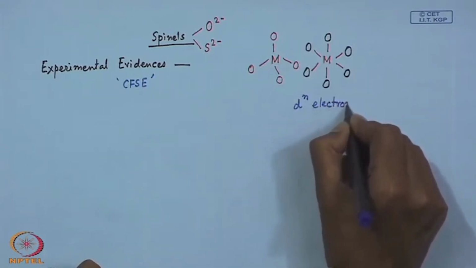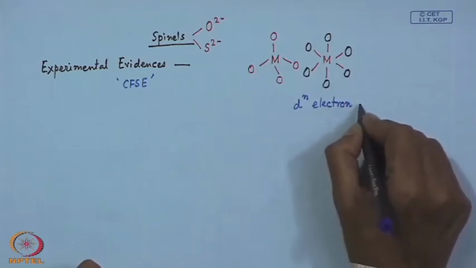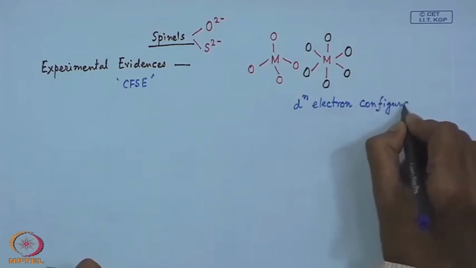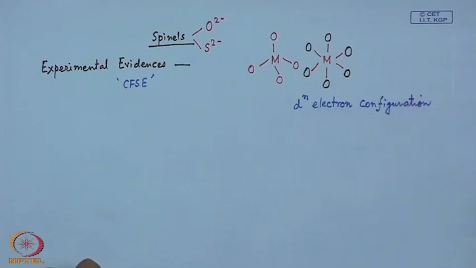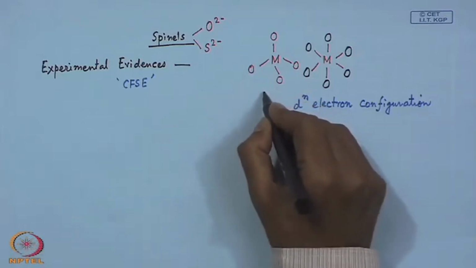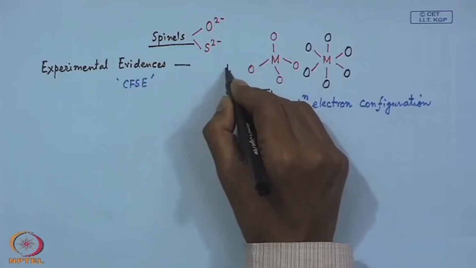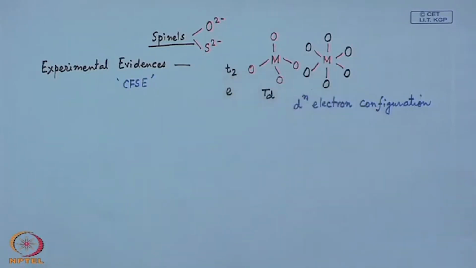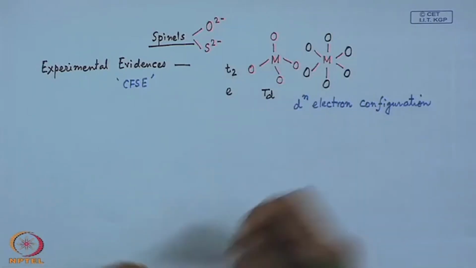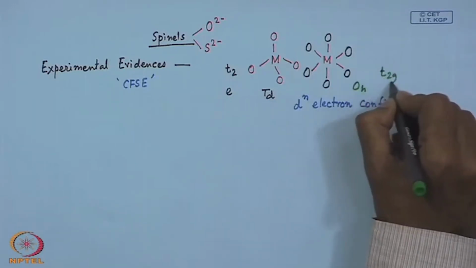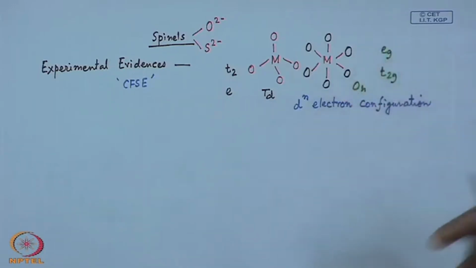depending upon the different d^n electron configurations, and based on that we can have the preferential occupation of the different levels. In case of Td, we can have the E level as well as the T2 level, and in case of the corresponding octahedral geometry, we can have the t2g level and the eg level.